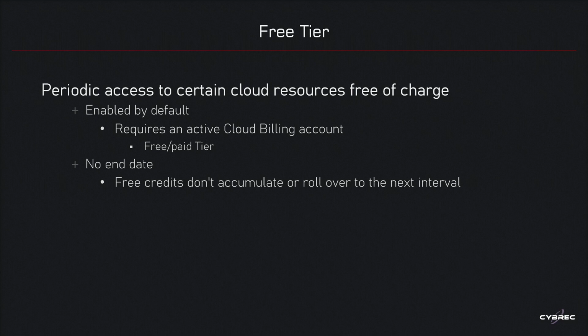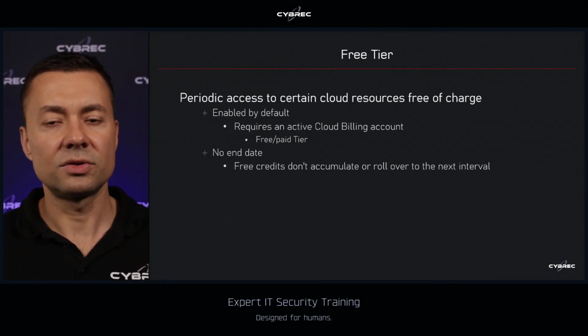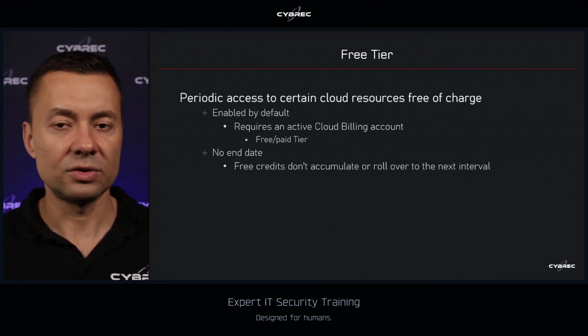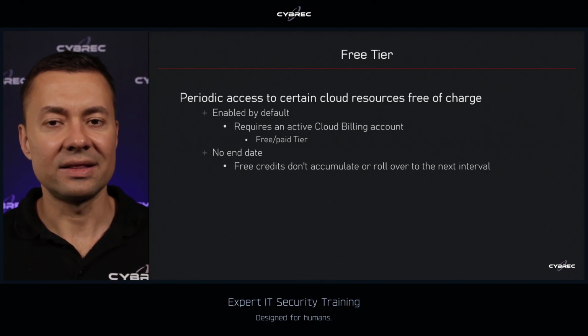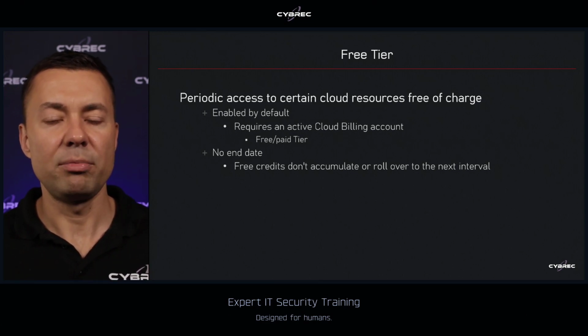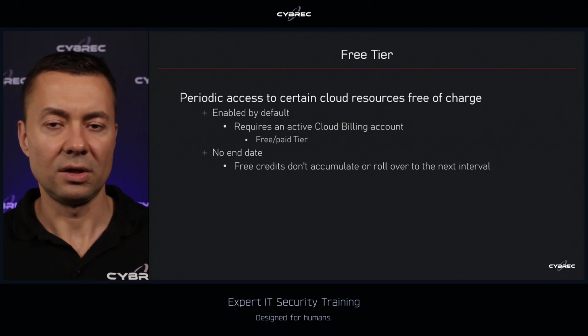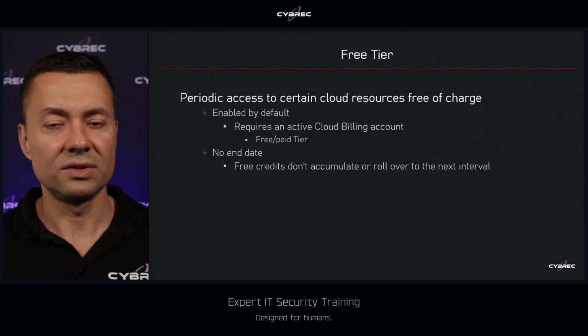But notice that those credits, those free resources, don't accumulate or roll over to the next interval, which means that if you don't use all of your cloud storage for a given month, you will not get that storage in the next month, so you could come up with more space total. It's not something that accumulates. It's available within a period. If you don't use it, it's lost.